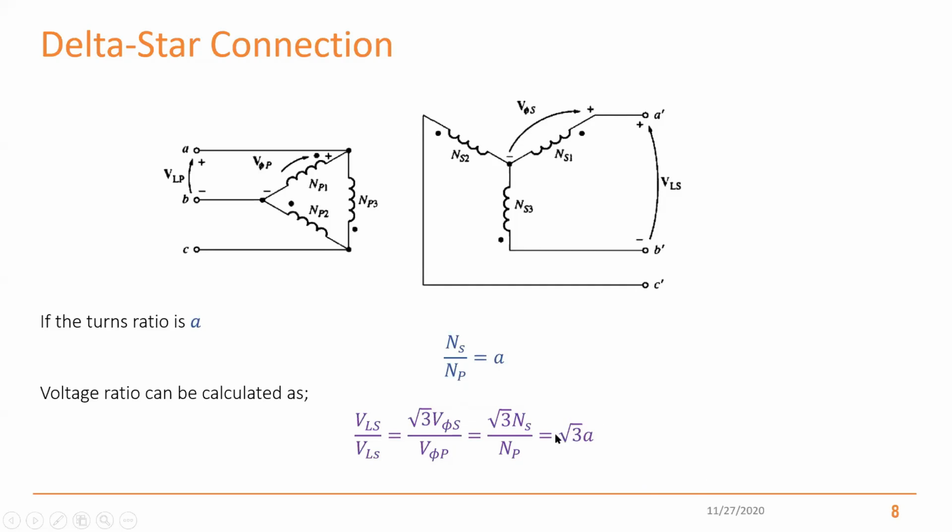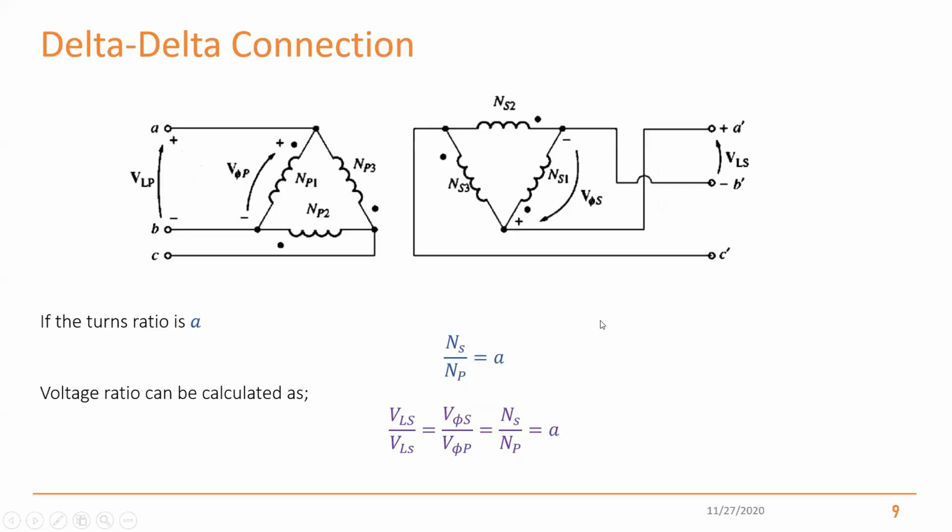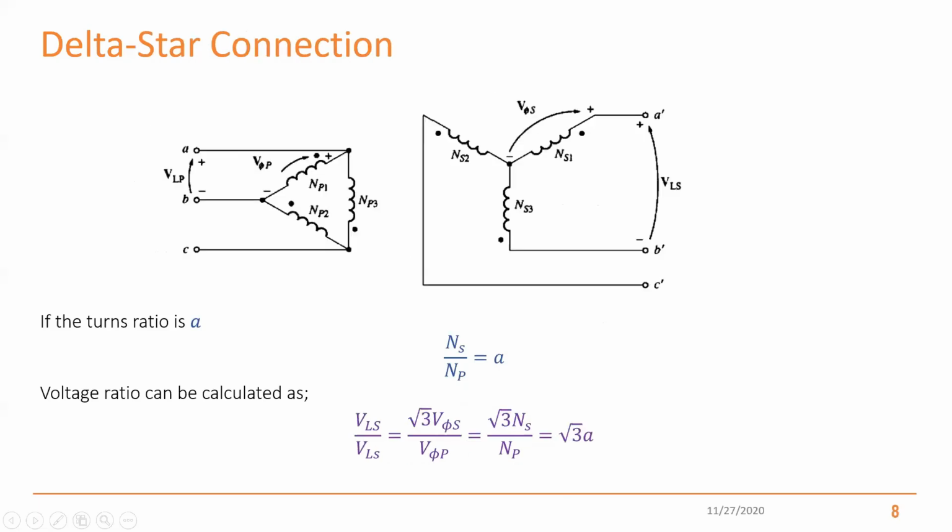Therefore the turn ratio between the line to line quantities is √3 times the transformer ratio, right?